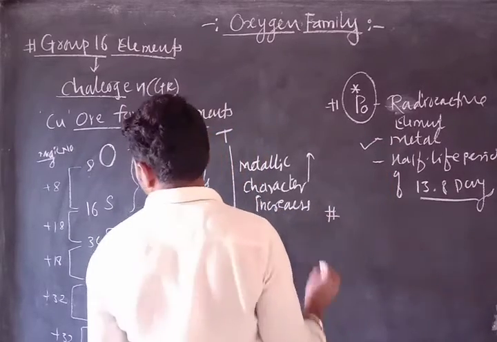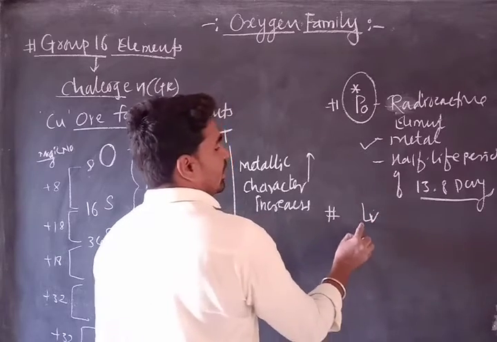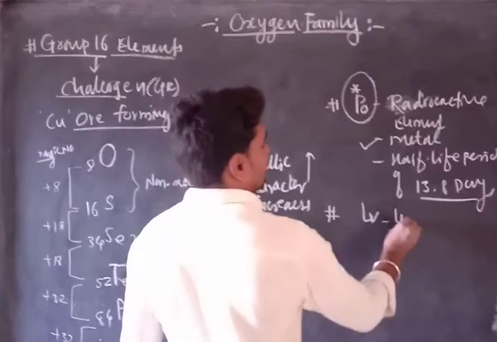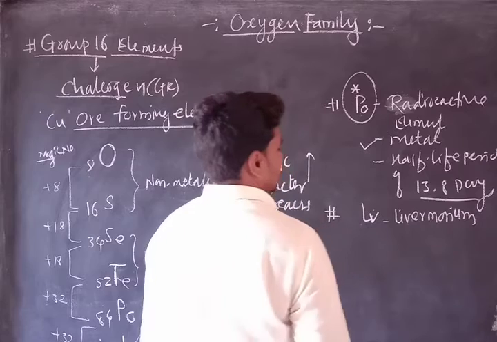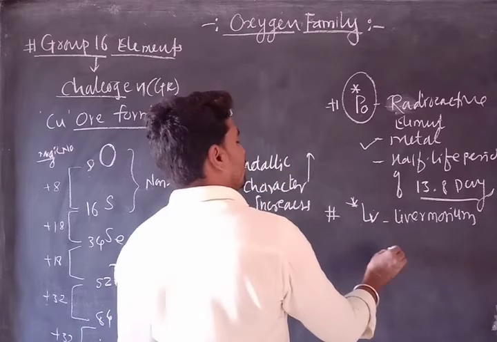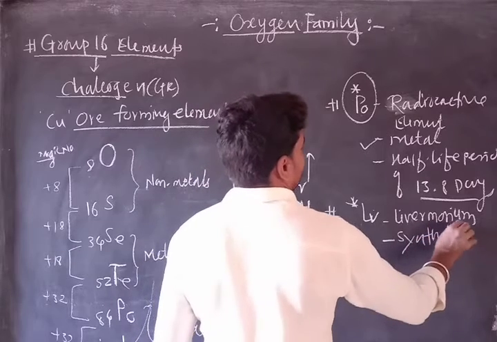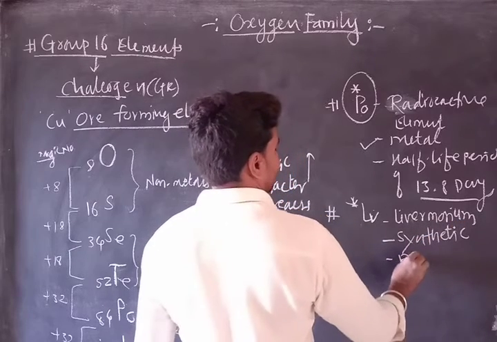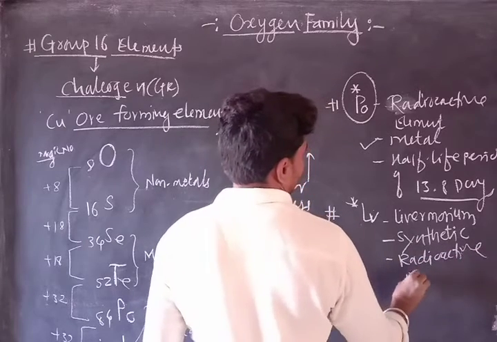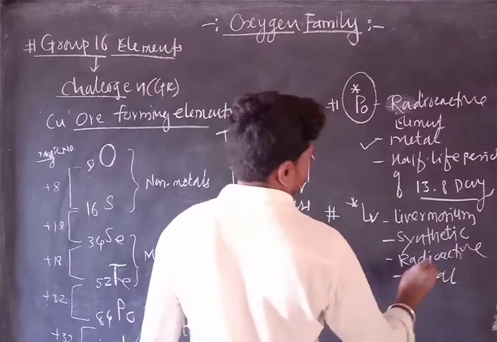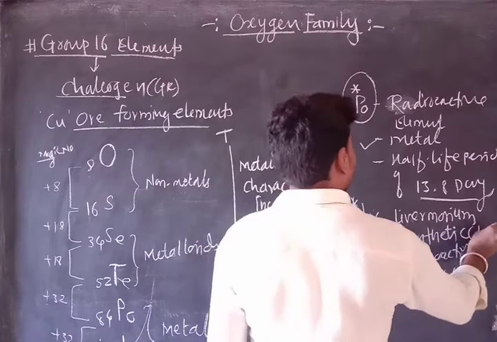After this, the newly discovered element is livermorium. This element is also radioactive, but it is a completely synthetic radioactive metal, which you should know. It is just present in the lab.